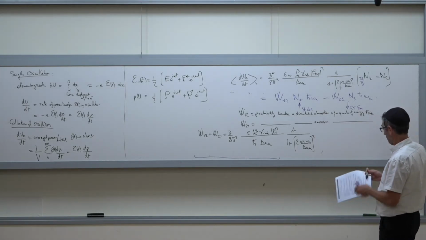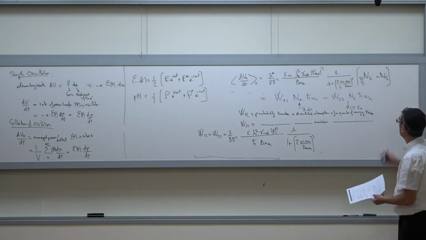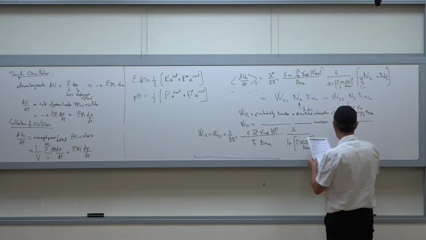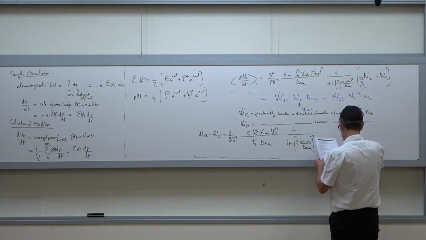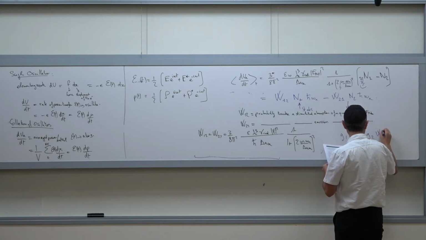If we have now this small complication of degeneracy here, then there is a slight change. It will be more like G1 W12 is equal to G2 W21.